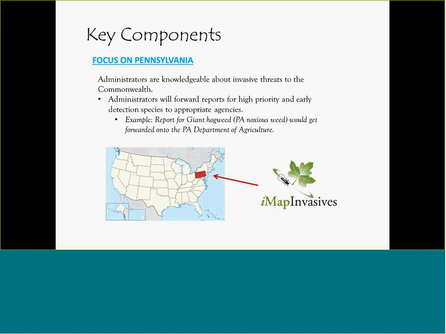That information would get forwarded on to the Department of Agriculture here in Pennsylvania, because they are the regulating authority on all of the noxious weeds here. That information is not going to just sit in the database. We make sure to forward it on to the appropriate people so that they can take action and make sure that this finding, by whomever found it, is used in the best and most appropriate way possible.